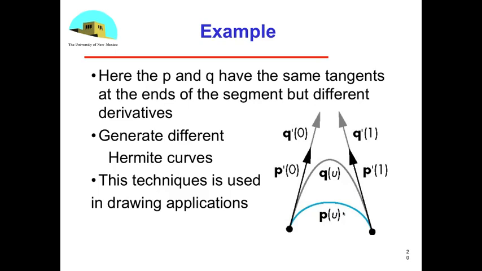So for example, if I look at this idea of the Hermite curve, you can approximate, and I'm looking at this in space, P of u could look like this, or it can also look like Q of u, where it interpolates the same data. But notice in this case, the tangents at this point are the same.